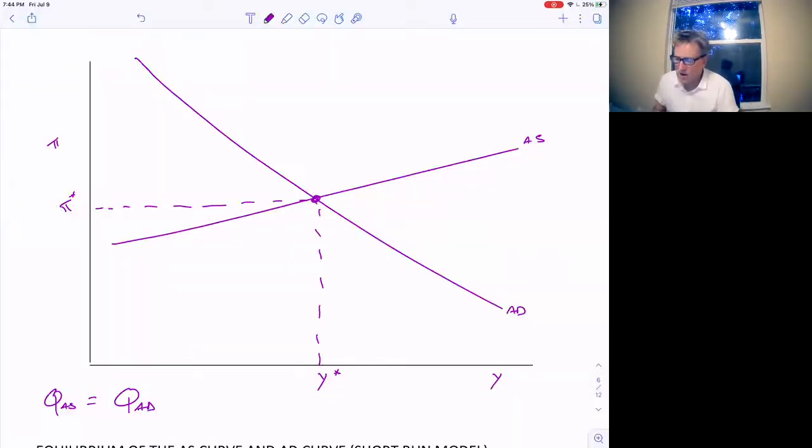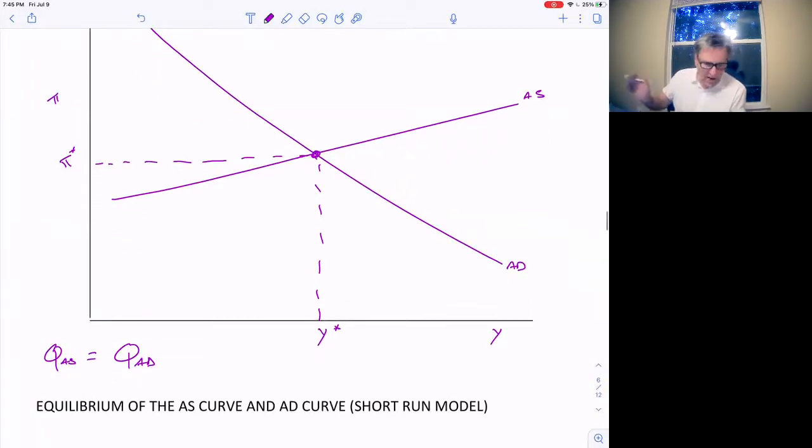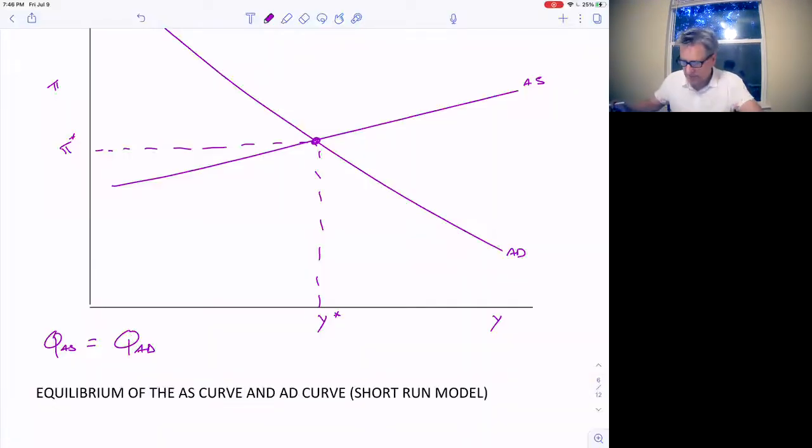So that Y star that producers are willing to produce is equal to aggregate demand that everyone's purchasing, all the expenditures in the economy, which is C plus I plus G. That particular amount, Y star, is an equilibrium, but remember, it's not necessarily at full employment. It could be anywhere. There's no guarantee here that Y star is at potential output.